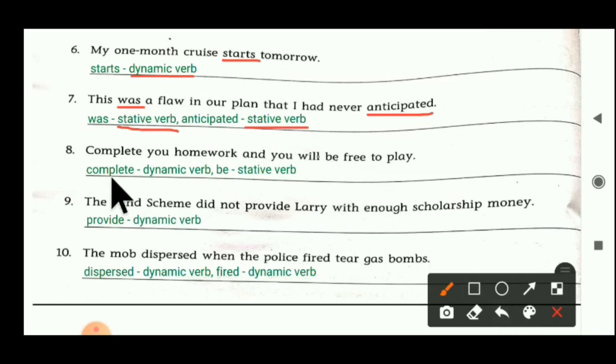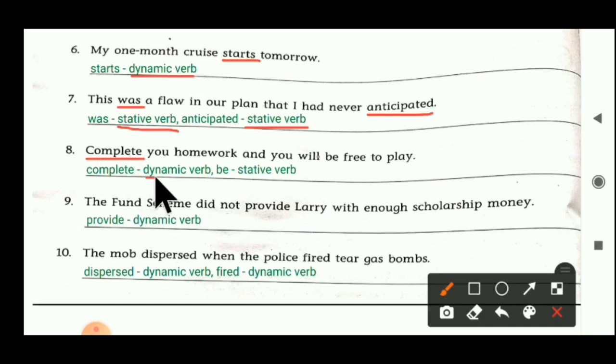Next, number 8. Complete your homework and you will be free to play. Here complete is a verb. The sentence started with a verb here, complete. Complete shows the action.